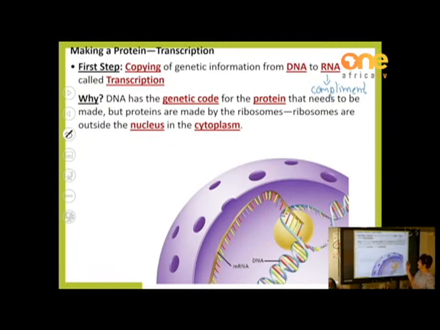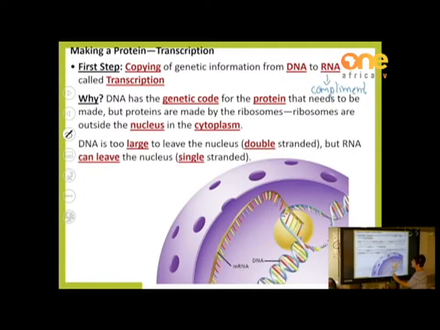But the DNA is large and the double helix cannot leave the nucleus. So therefore, what needs to happen is the DNA needs to unwind, unzip, and to unzip it needs breaking the hydrogen bonds between the nitrogen bases.